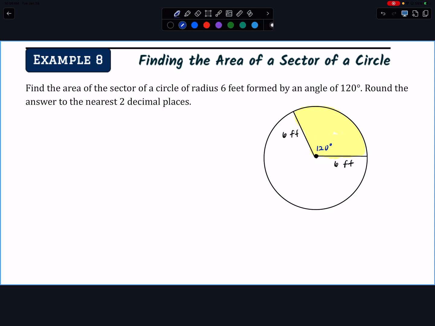Convert 120 degrees to radians. If I want it in radians, the degrees goes on the bottom so it cancels, and pi goes on top. If I multiply and simplify, you should get 2 pi over 3. So this becomes theta.